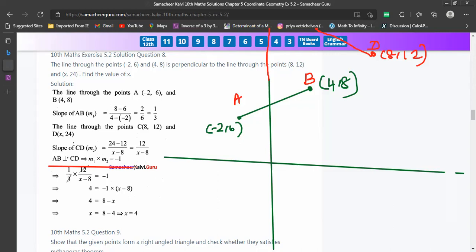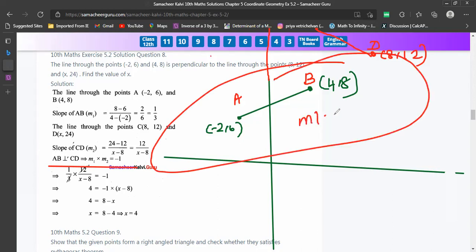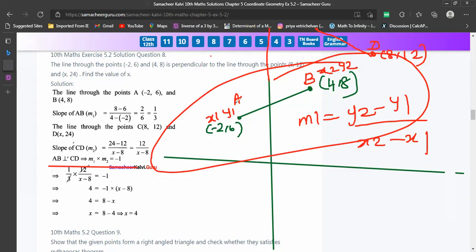For finding m1, they gave you two points. You know the formula: y2 minus y1 upon x2 minus x1. Assuming the first point as x1, y1 and the second as x2, y2, you get m1 as 1 upon 3.